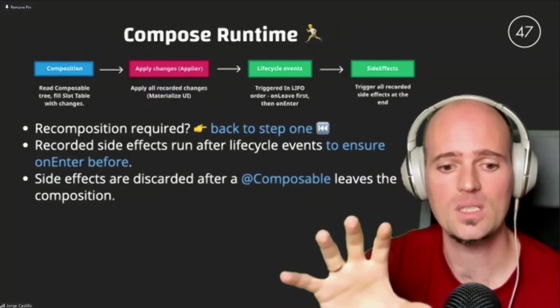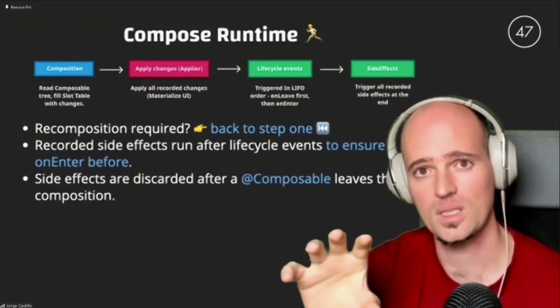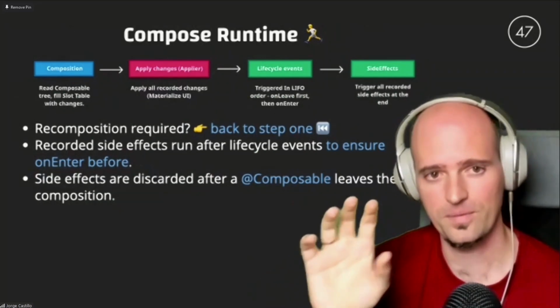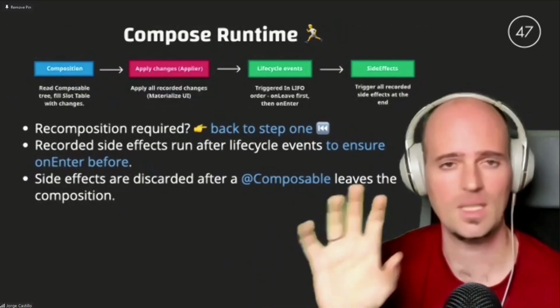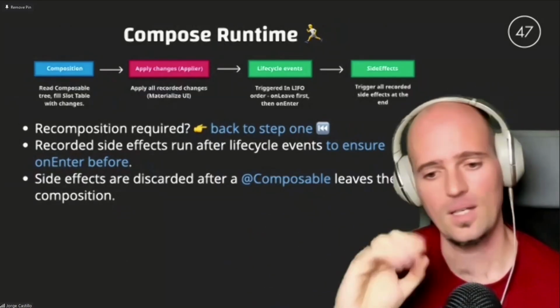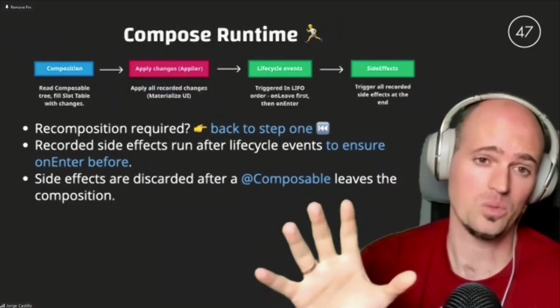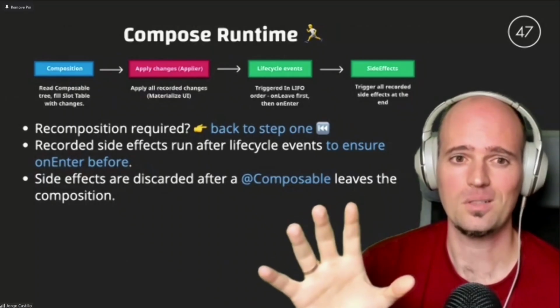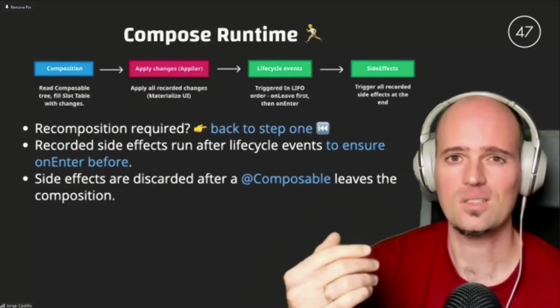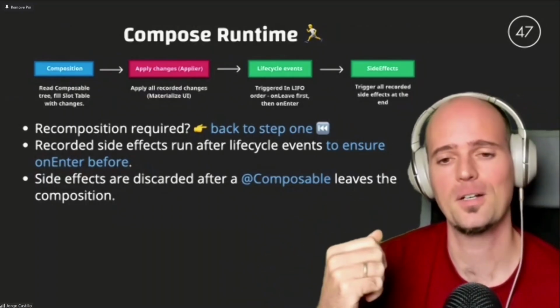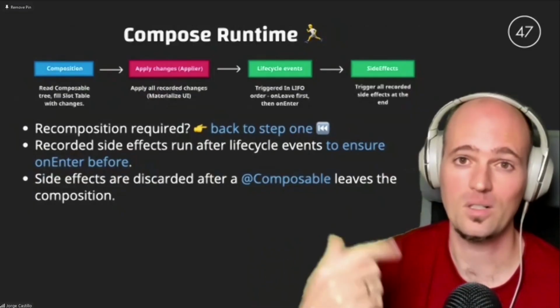That's going to be information that later on can be interpreted by the applier to finally materialize some UI from it. I keep saying UI, but remember that we could be using this for any use case, not even to represent UI. We could be using this to represent any other node trees with other node types.